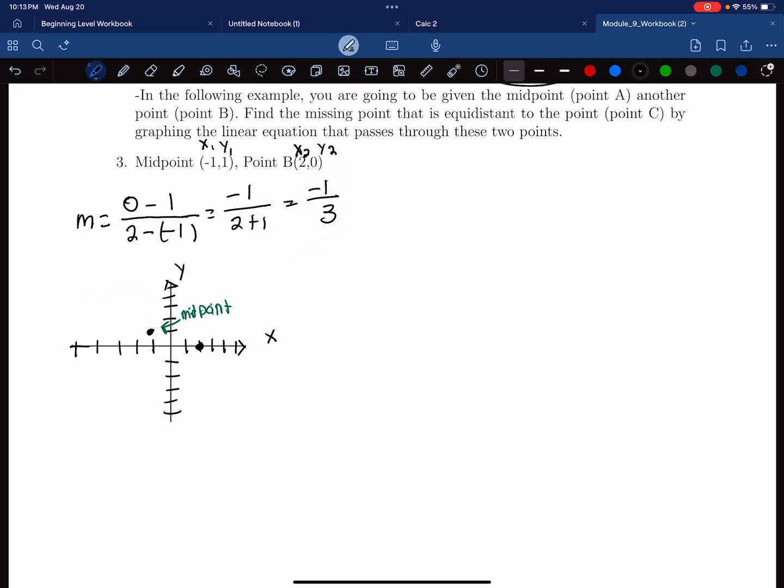So we have a negative slope, negative 1/3. So that means we're going to be going down. But in this case, because we want the value that's above the midpoint, we're going to have to go backwards. So we're going to have to go actually up 1. But instead of going right, we're going left, remember, because it's a negative slope. So we're going up 1 and then left 3. 1, 2, 3.